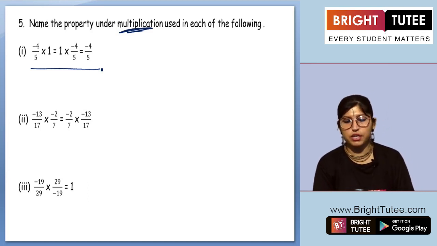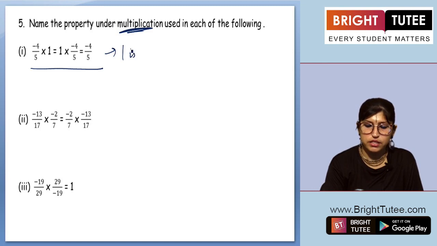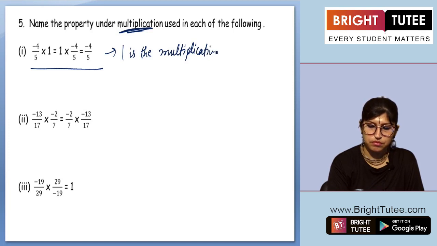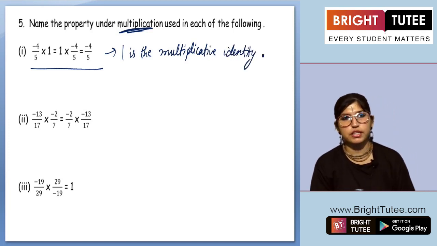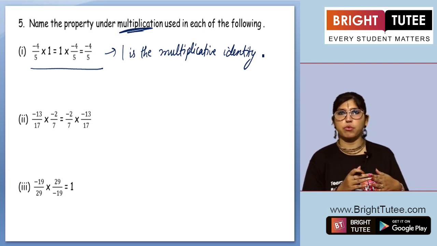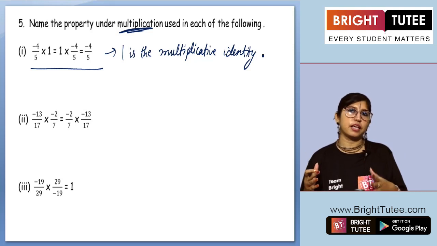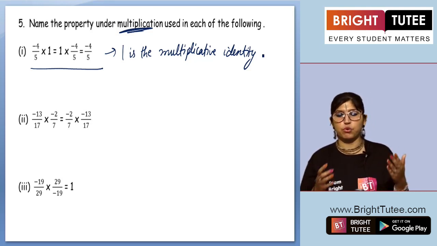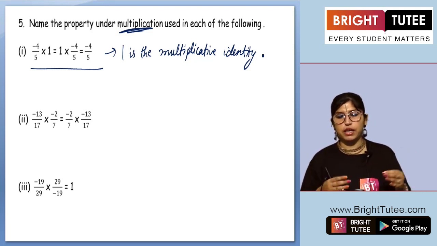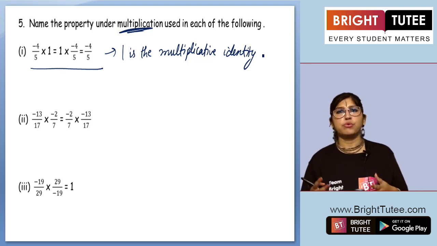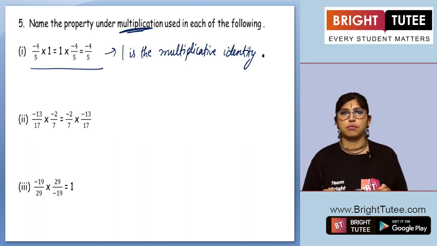So ultimately what we did is, 1 is the multiplicative identity, because we are multiplying by 1 and interchanging the numbers, and we are still getting the same answer, which is minus 4 by 5. So this shows that 1 is the multiplicative identity, which is the property used under multiplication.